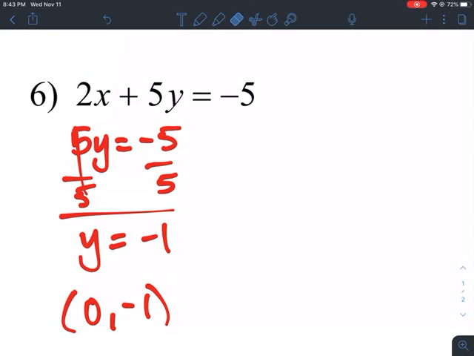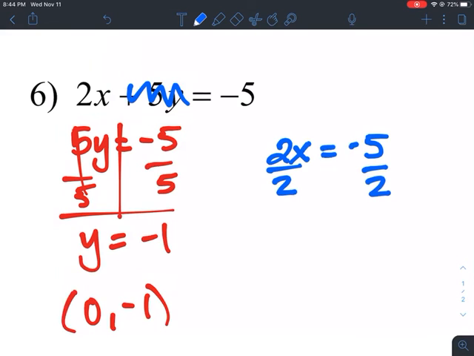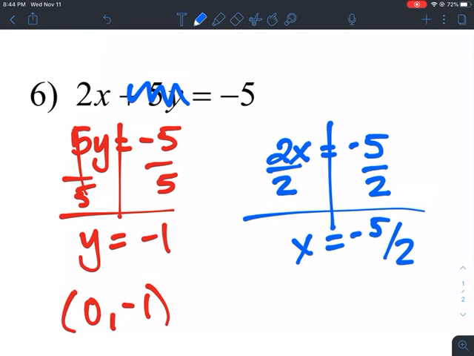Then, to get the x-intercept, I plug in 0 for y. I get 2x equals negative 5. When I divide both sides by 2, I get that x equals negative 5 halves. So my x-intercept in this case is negative 5 halves, 0.